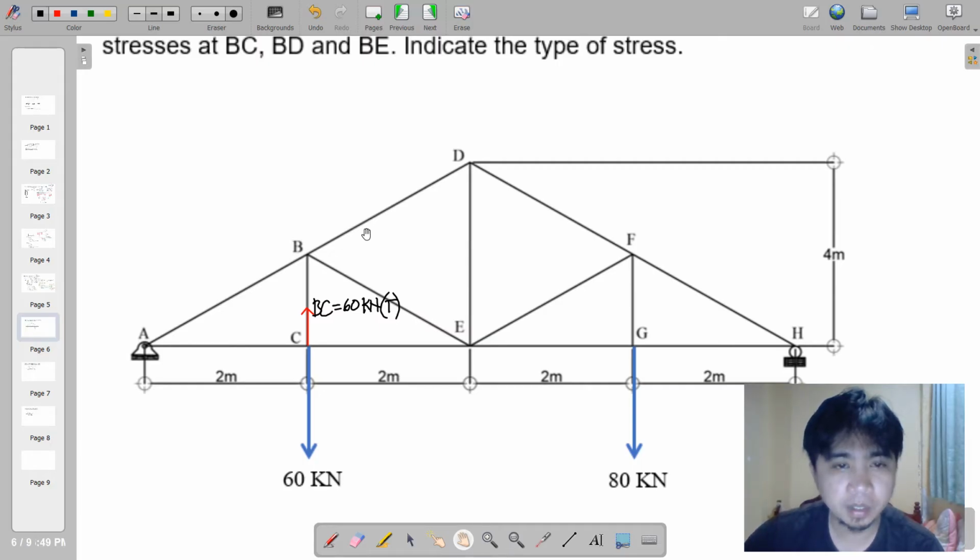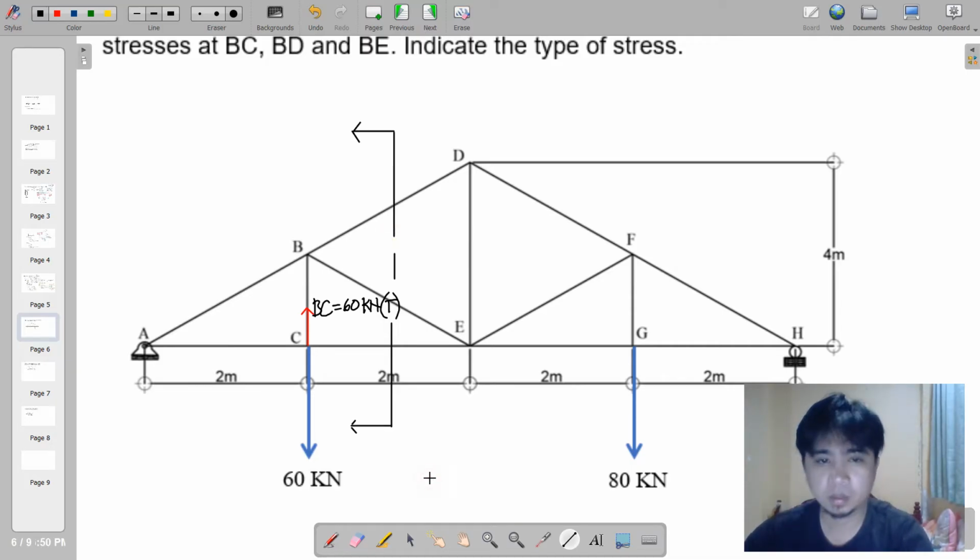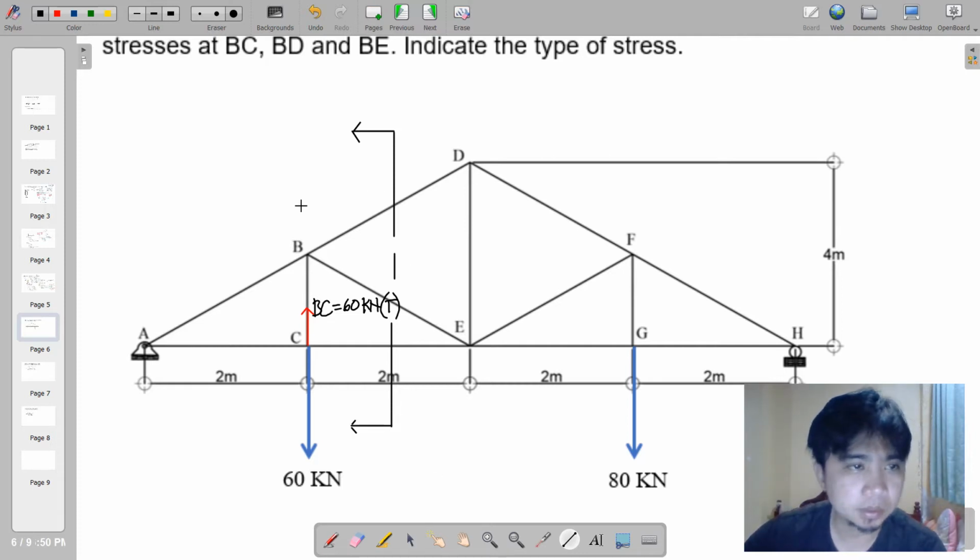For BD and BE, we can just use the whole structure and then cut a section. We're going to cut a section here and consider the left portion. We can name this section AA.